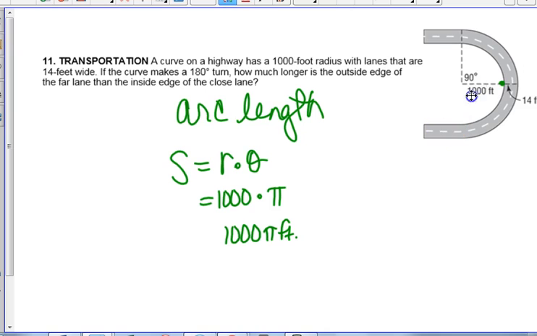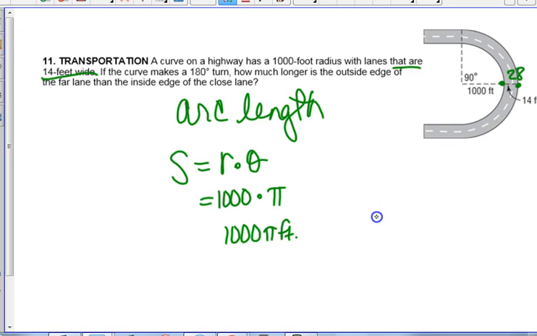feet if you were to walk along the very edge. If you go way out here, how much further have you gone? Well, be careful. Each lane is 14 feet, I think. So that would be another 28. Okay. Do you see? It says lanes that are 14 feet wide.